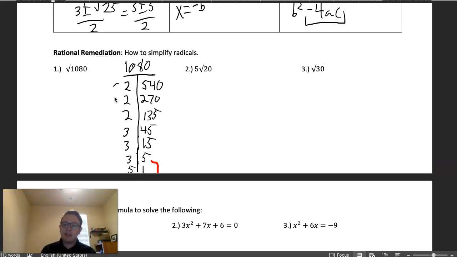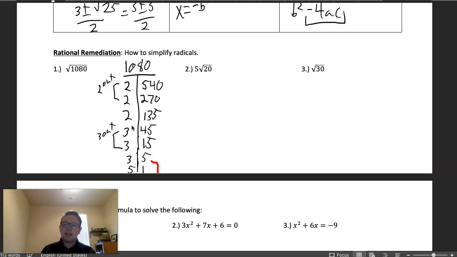So we have 2 2s here. Those are a pair. We have 2 3s here. Those are a pair. Anything that's paired, a single one of those will go on the outside. So this is going to be a 2 on the outside, and this is going to be a 3 on the outside.